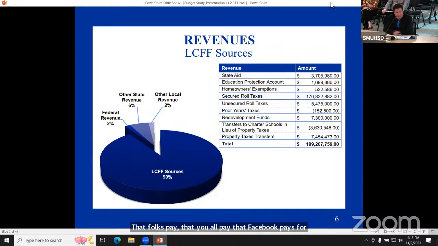So everyone pays 1% by Prop 13. That's broken up into different sections, and we receive a portion of that. That for us is a little over 175 million, or about 90% of our LCFF sources.